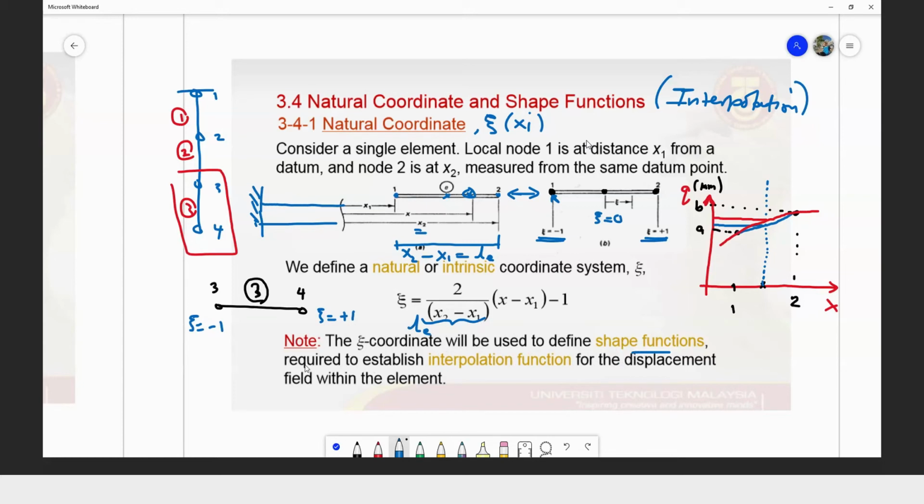The shape function required to establish interpolation functions. Kalau linear interpolation, so dia ada bentuk shape function dia tersendiri. Kalau kita assume structure kita behave as a cubic shapes, then dia ada shape function dia tersendiri untuk cubic punya interpolation function.